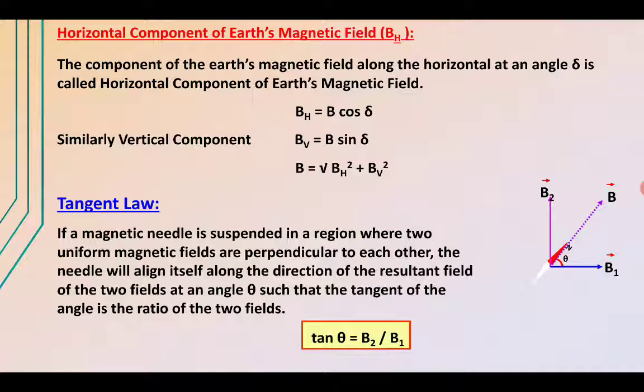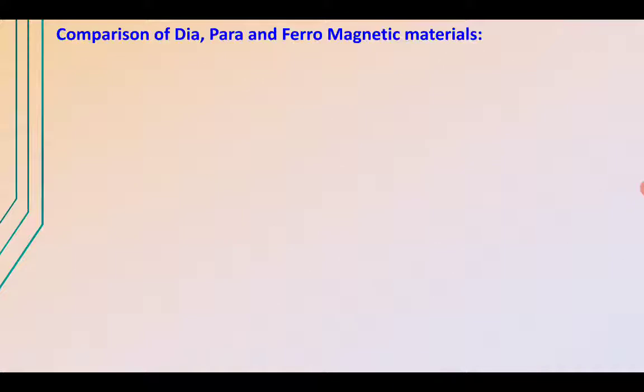Hence if a compass needle is placed at such a point, it stays in any position, so it dances like it is not showing any north and south direction.